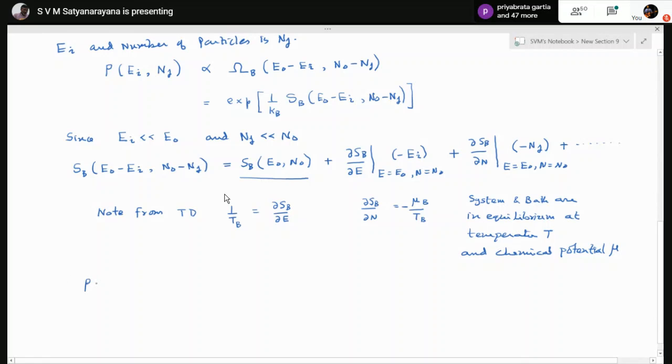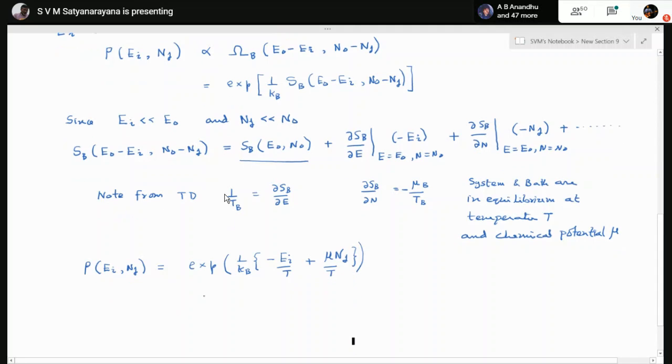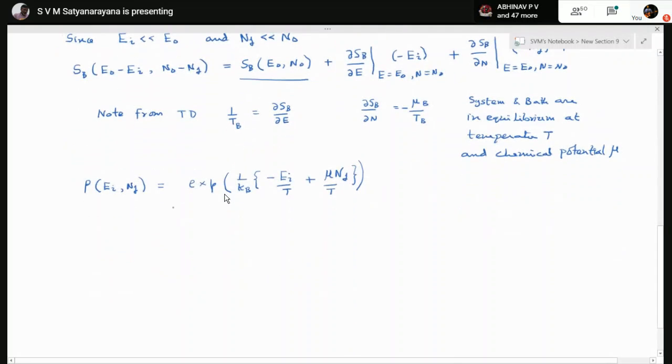So I can write that P of Ei, Nj is proportional to exponential of 1 by kB times minus Ei by T plus mu Nj by T. Sorry, I must write this with proportionality.